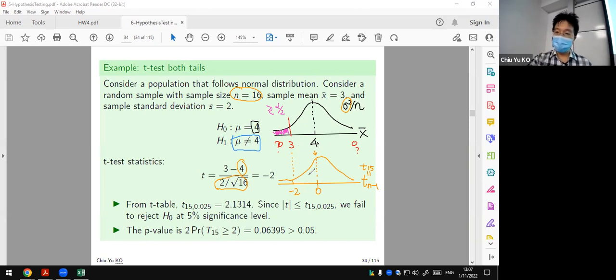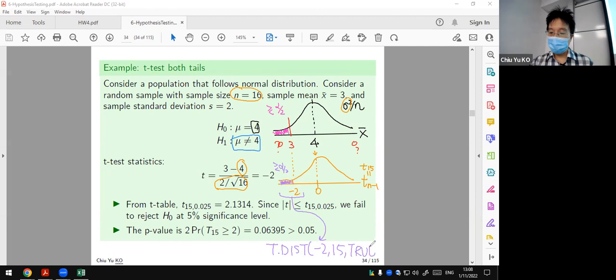Again, as we said, we want to compare this area to alpha over 2. Is it bigger or less? If less, you reject. This area is just T.DIST of -2, 15, TRUE.